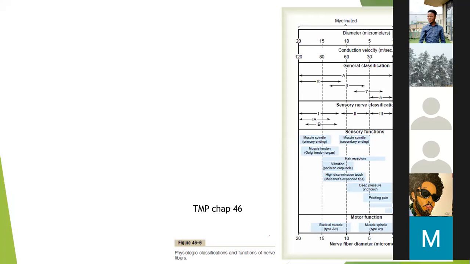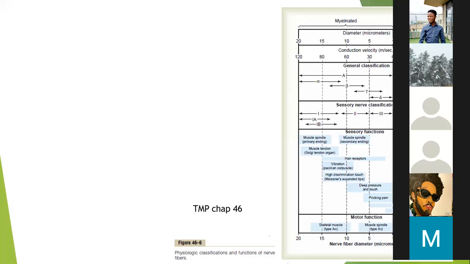So this table again, I got it from Textbook of Medical Physiology. As I told you, if you see a small numbered chapter, a single digit or lower number, it is usually from Ganong. And if you see a high number, it's usually from Textbook of Medical Physiology, the TMP.